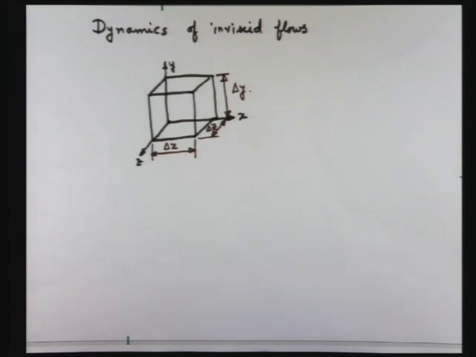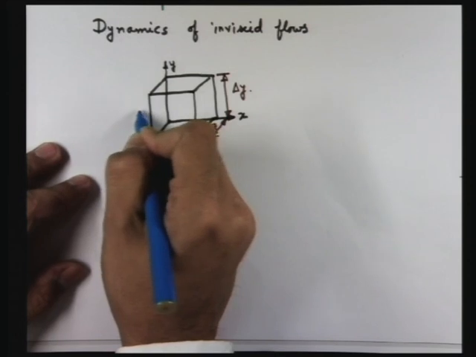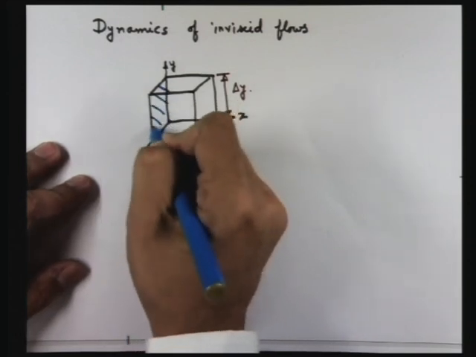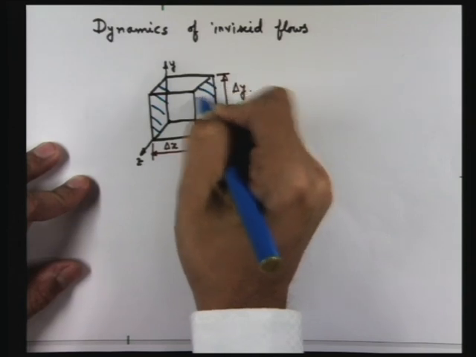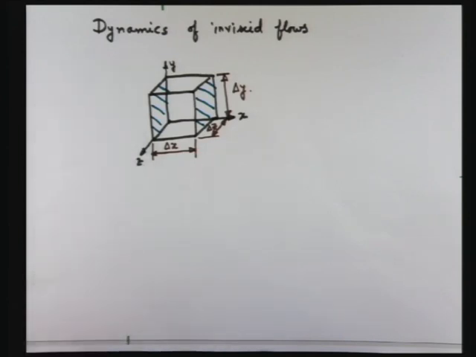It will not be anymore the paradigm of inviscid flow. Because we are talking about inviscid flow, let us identify these 2 faces. We have identified these 2 faces because they have the x axis as their normal direction. Therefore the forces due to pressure acting on these faces are along the x axis. So let us write the forces due to pressure.